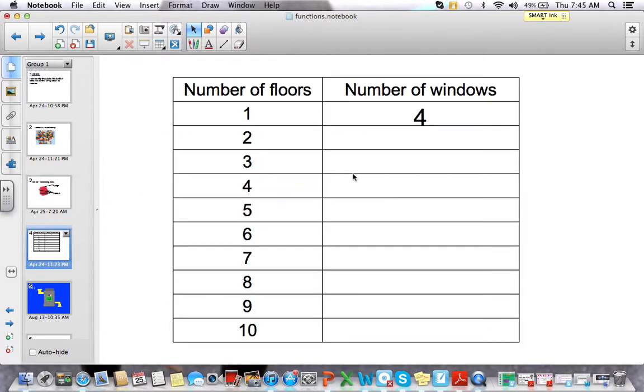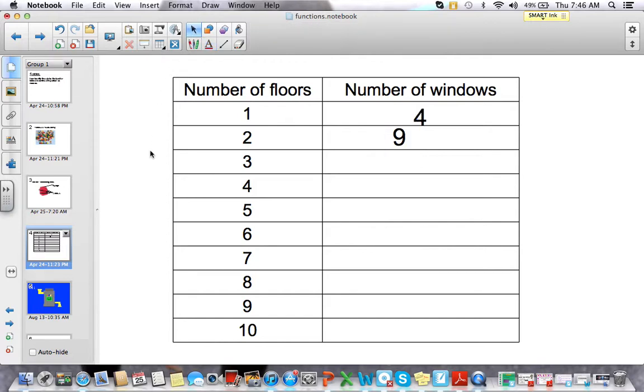So in our table, how many windows will we have? So you can see that we will have a total of 9 windows for the second floor, because it's the 4 windows on the first floor, the 4 windows on the second floor, and the 1 skylight, which makes the 9 windows.